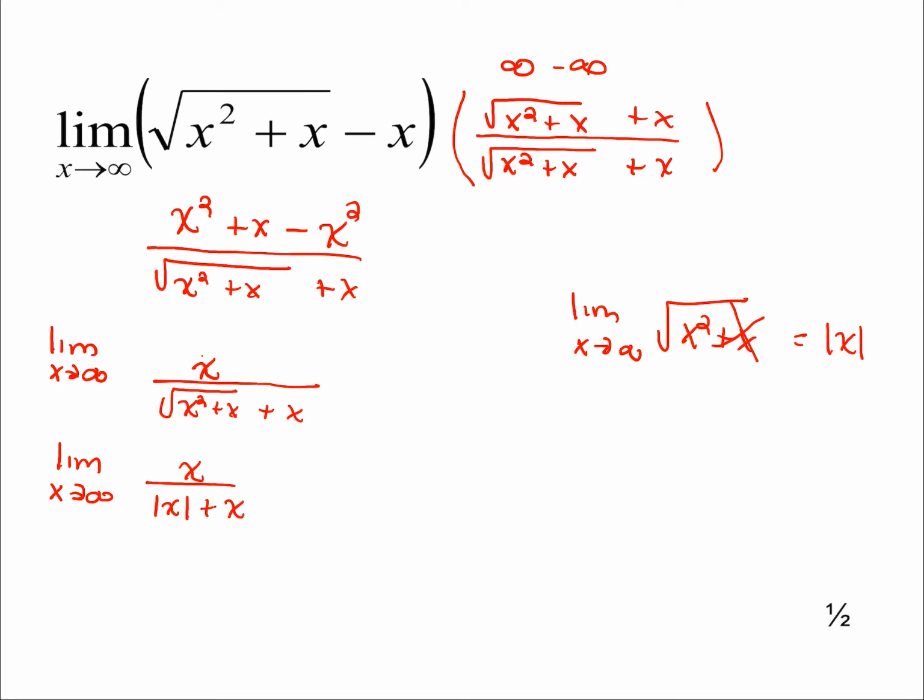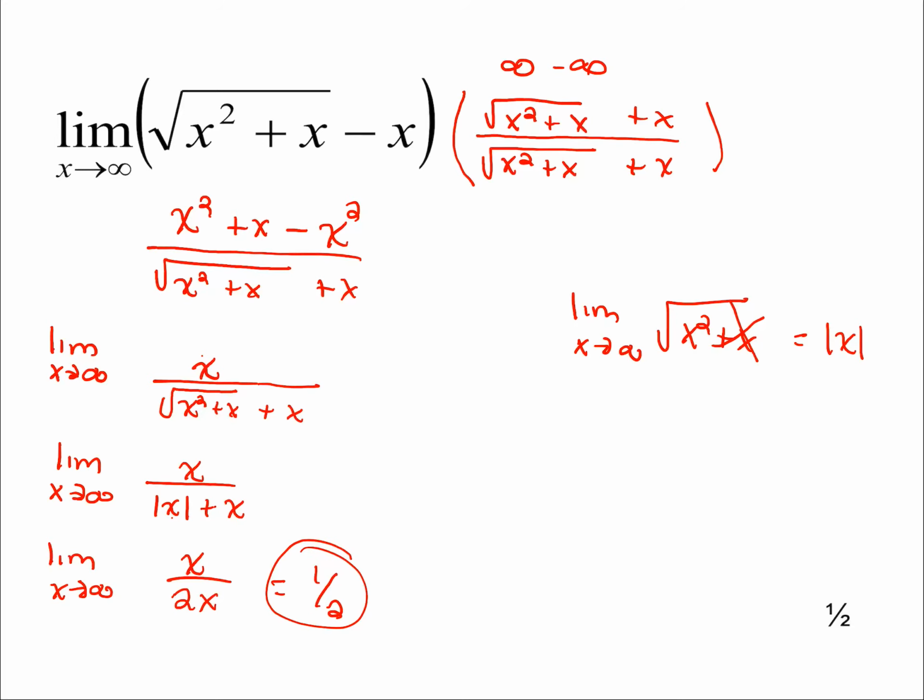Now, since this is going towards infinity, the absolute value of x is just going to be positive anyway. So simplifying this, I can write this as the limit as x approaches infinity of x over 2x. Okay? Because since this is going towards infinity, the absolute value of x is just going to be x. So I have x plus x, 2x, so this limit is 1/2.